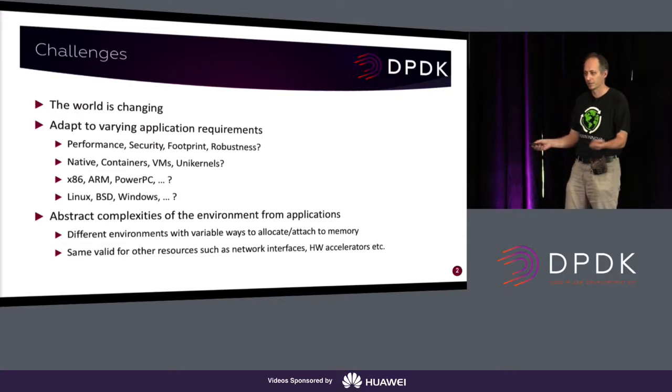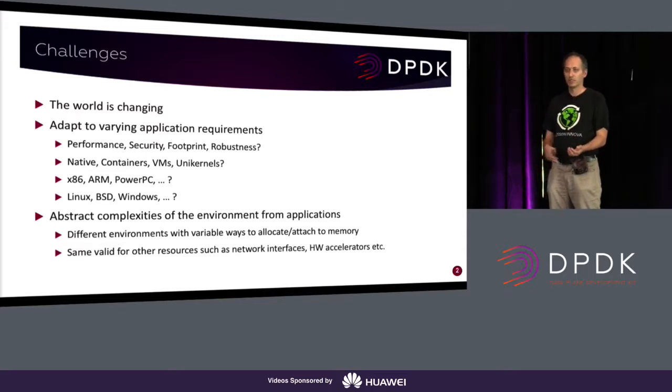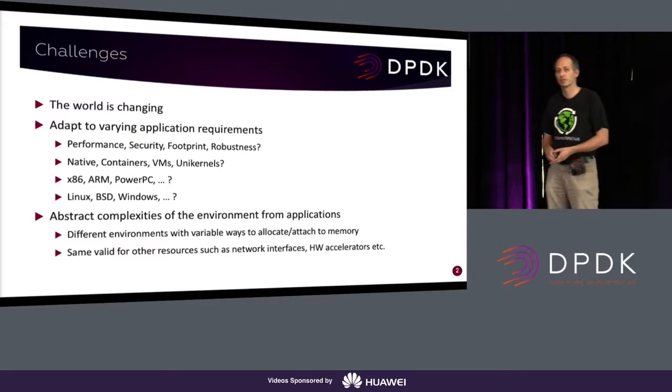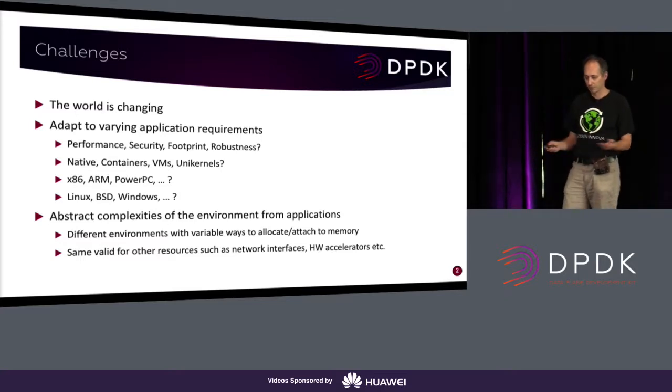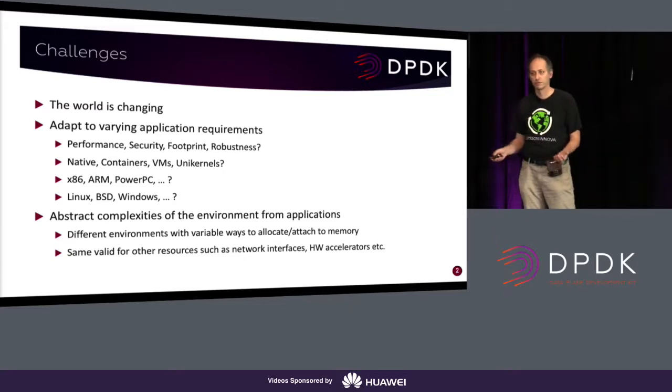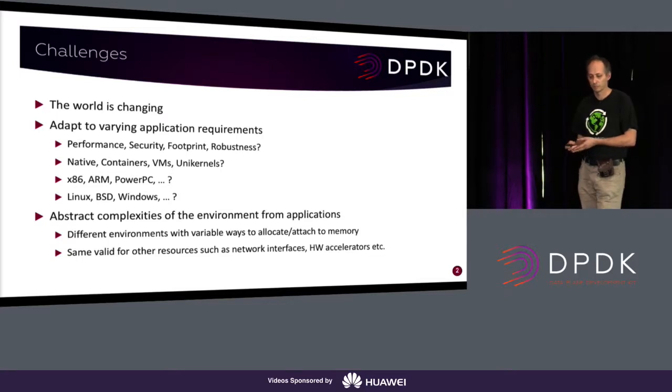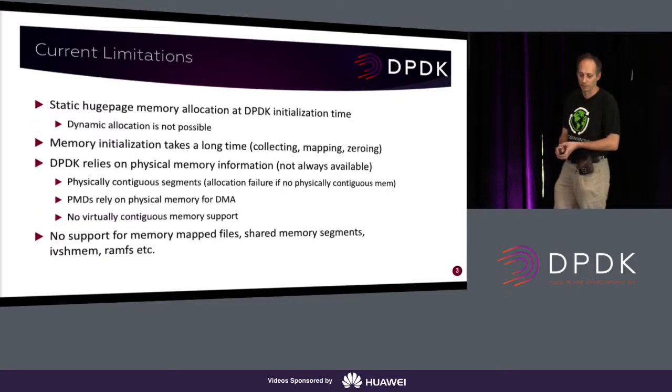We cannot just hard code things, and that's why we need an abstraction layer. That's where we're coming from as we started to support these types of applications. This is valid for interfaces, queues, everything, not only memory management, but now we're focusing on the memory management part.